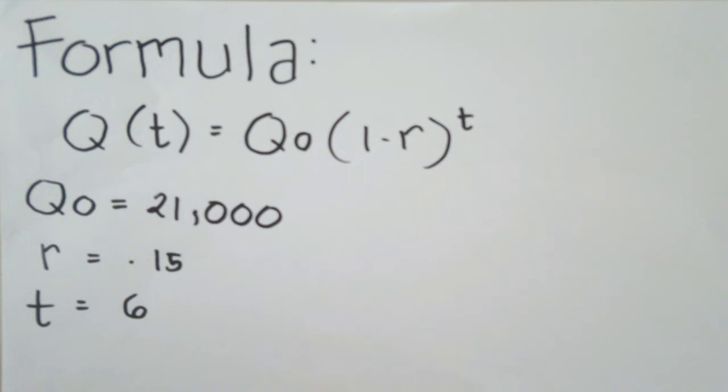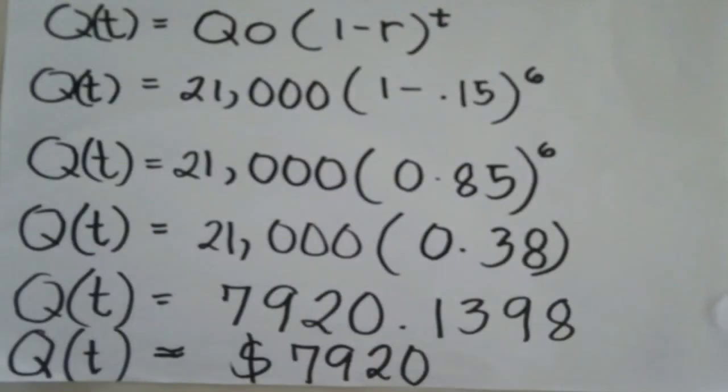So let's solve this problem. Q of t equals Q sub O times the quantity 1 minus r to the power of t. In our formula, Q sub O is the original amount, so it's 21,000. Then 1 is constant, minus the rate, the percentage by which the original amount will decline each time.